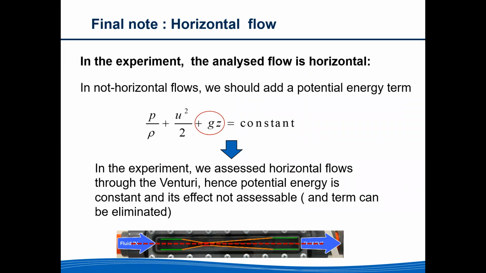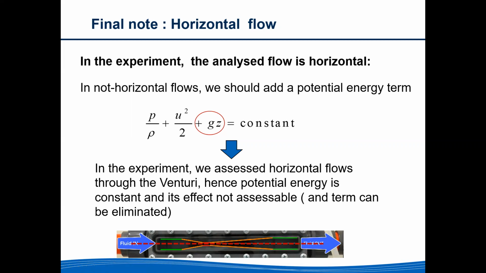A quick, important final note: horizontal flow. In the flow we analyzed, the flow is horizontal, so we have pressure terms and kinematic terms. In non-horizontal flows, we should also add a potential energy term, Z. This complete formula is the total Bernoulli equation commonly presented: pressure energy, kinematic energy, and potential energy.